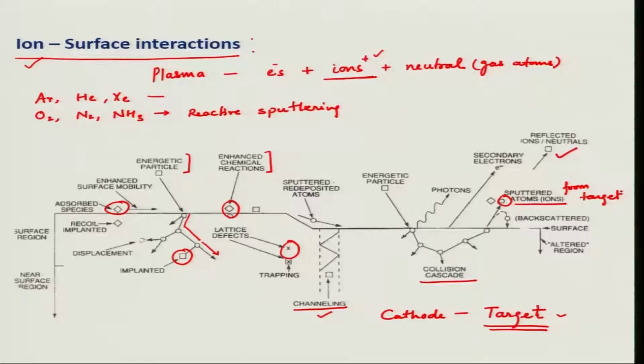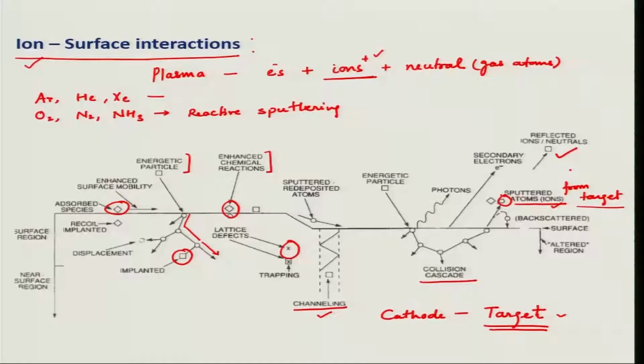These energetic ions will transfer their kinetic energy to the atoms or ions of the target material, which will then come out of the surface, and we can use these sputtered atoms to deposit thin films. So we are mainly interested in the sputtered atoms.